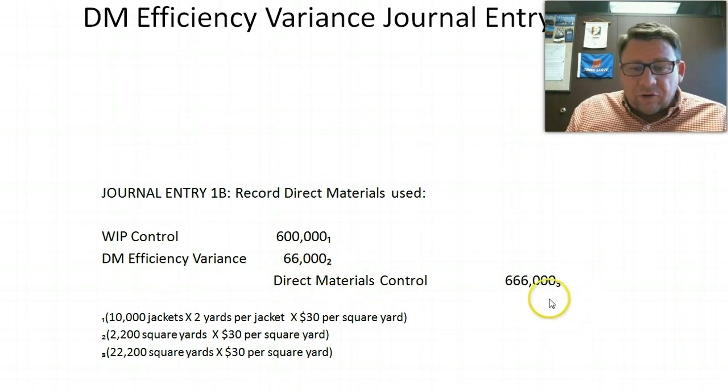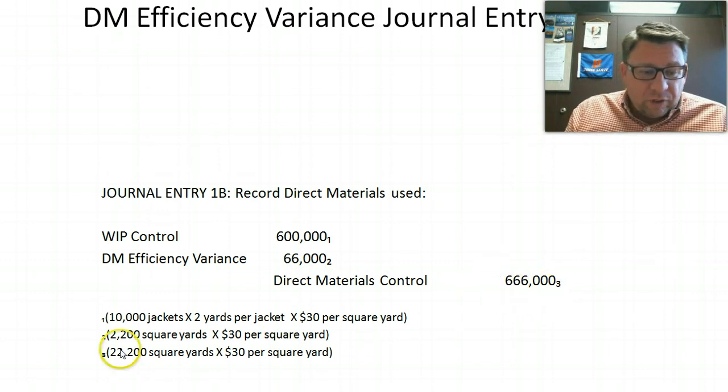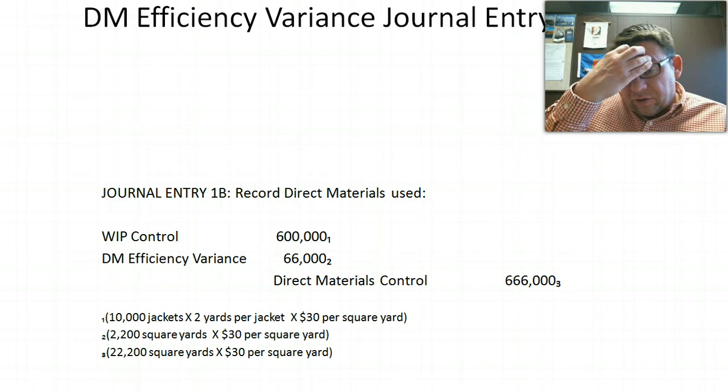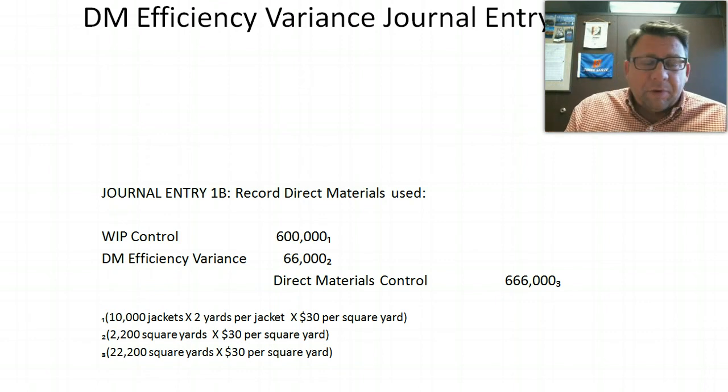We're going to credit direct materials control for the amount that we again actually use, 22,200 times the 30, and then the difference becomes the direct materials efficiency variance. Okay, and in your textbook, you'll see those same examples for the labor if you want to look at those.